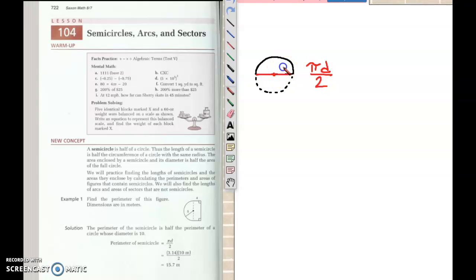We know that the diameter is 2 times the radius. So for example, if my radius was 5, then my diameter, the measurement across the whole length of the circle, is going to be 10.